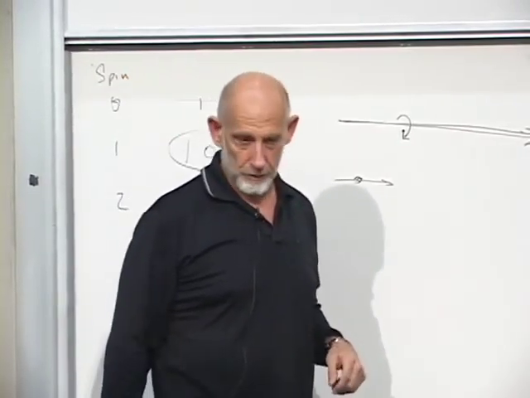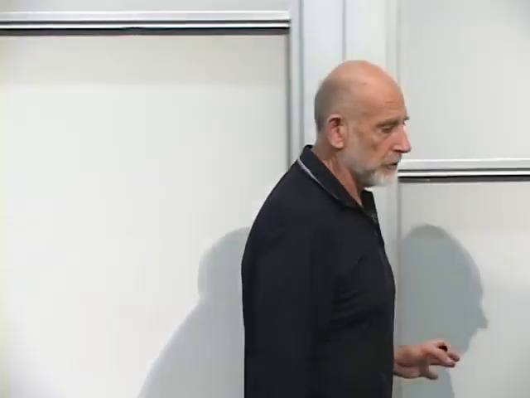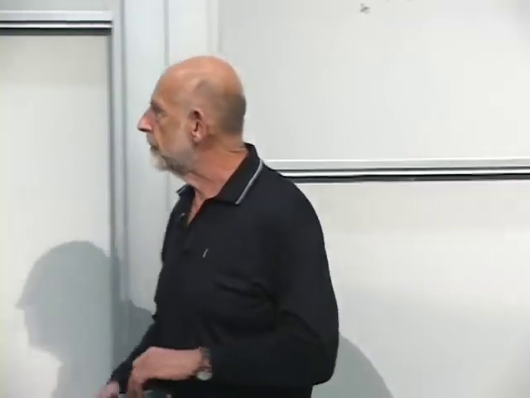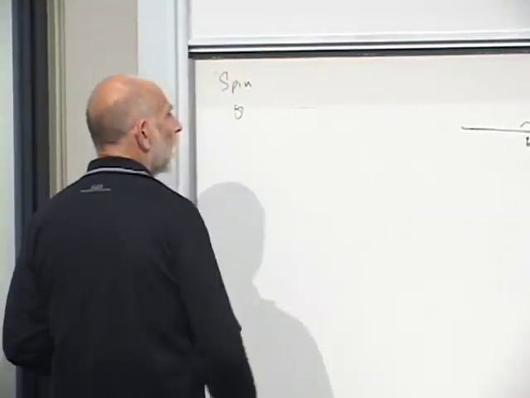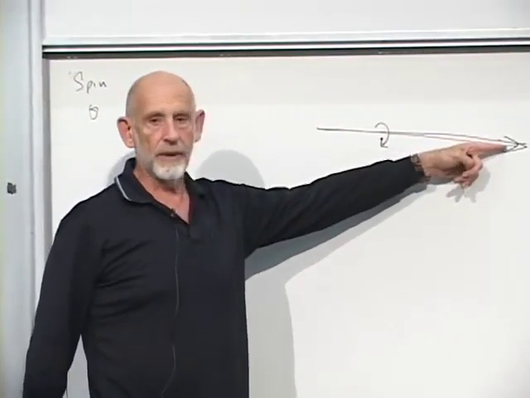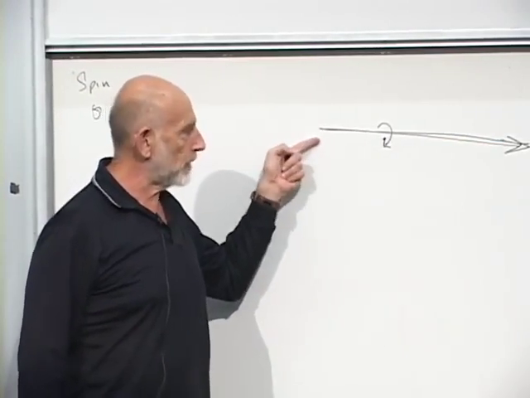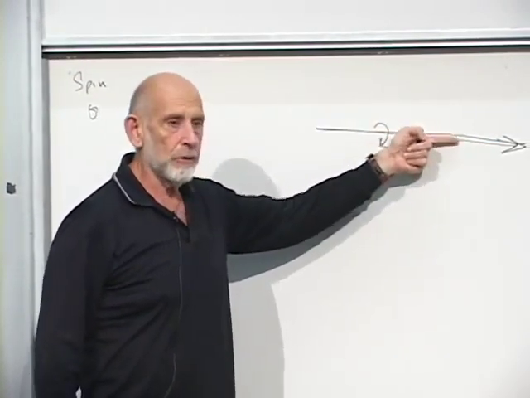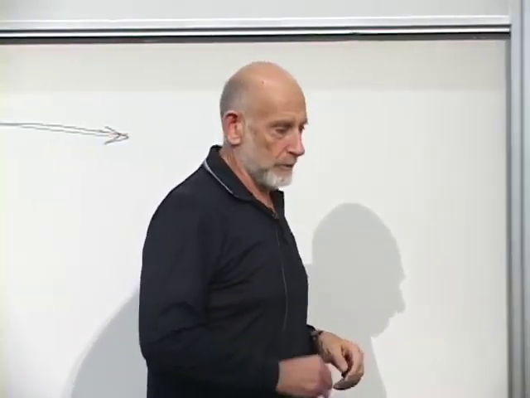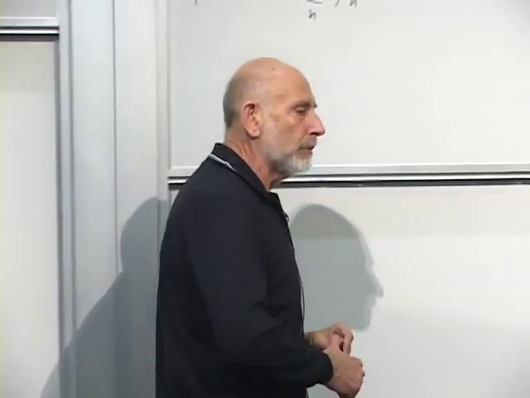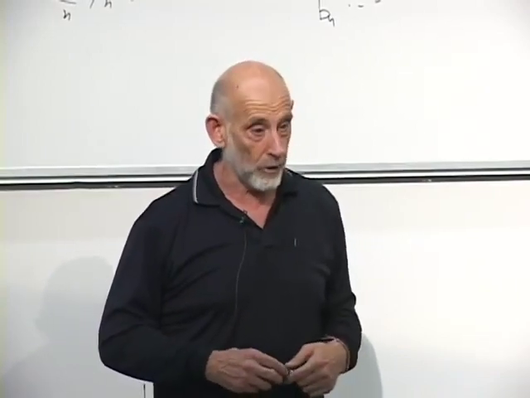Now, what about linear polarization? There's linear polarization, and I'm going to tell you now what linear polarization is. Linear polarization is not 0 angular momentum along the direction of motion. It's a quantum superposition of the 2 possibilities, circular polarization to the right and circular polarization to the left. What's the difference between saying it's a linear superposition of polarization states and saying it has no angular momentum at all?